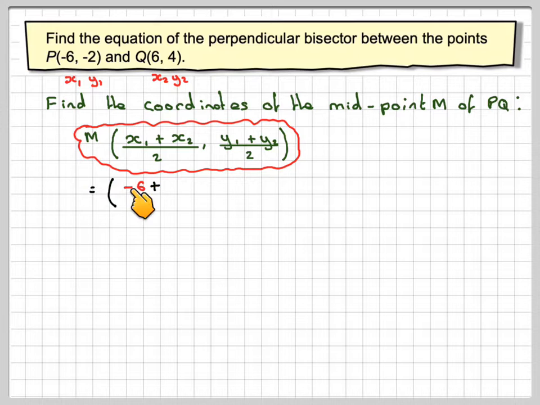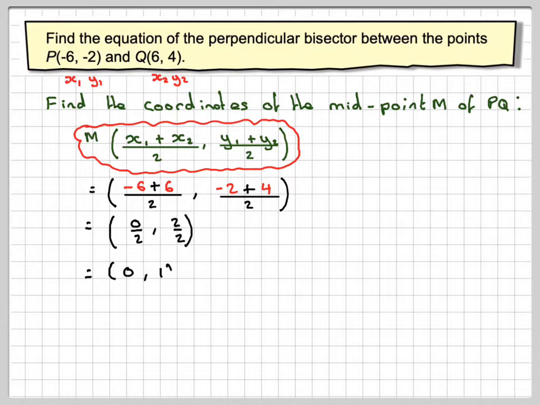Then do -6, which is x1, plus 6, which is x2, divided by 2, and then -2 plus 4 divided by 2. This gives you 0 over 2, and 2 over 2, which gives an answer of (0, 1), the midpoint of the line PQ.